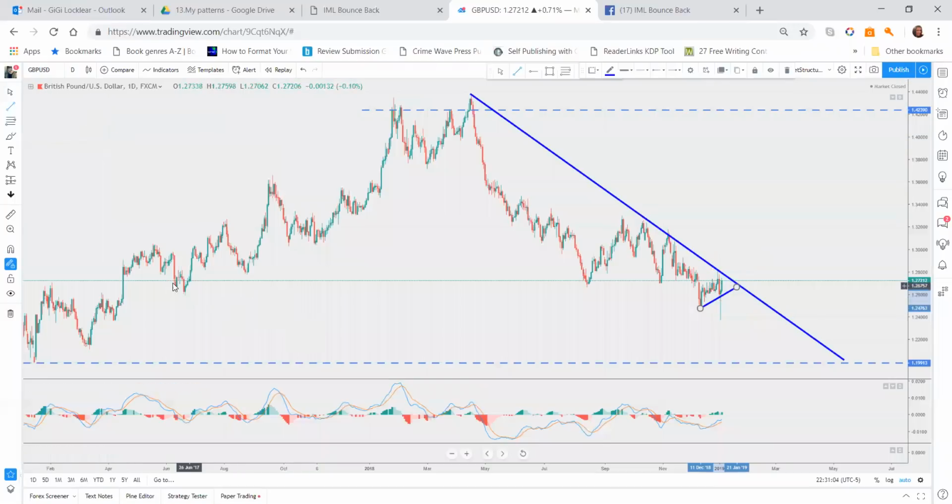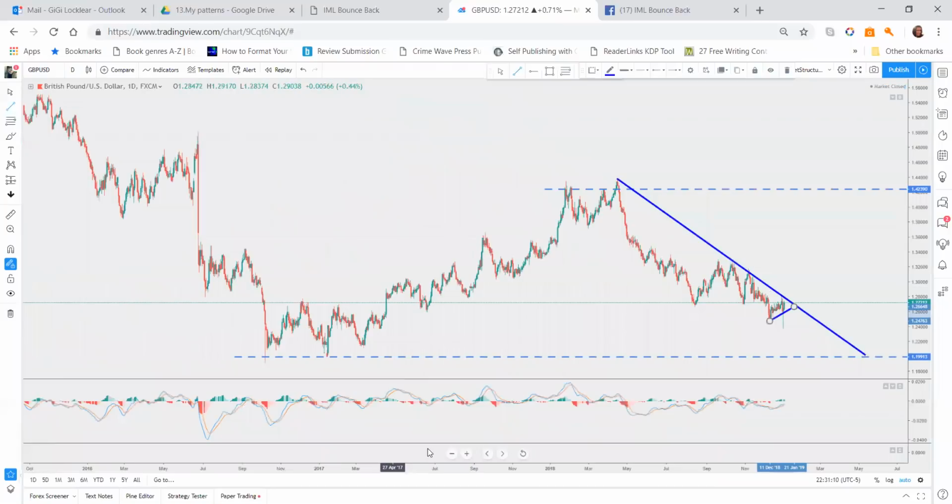You would just look left at areas where you see a lot of touches, and this is a good way you can test your eyes. Draw it yourself and then turn on the pivots and see if you get a good lineup. Like right here, you see price bouncing off this area a lot. Right through here, we see it bouncing off this area a lot. You want several touches.